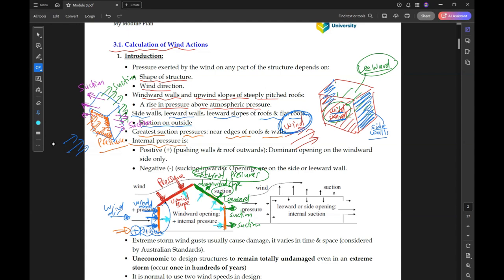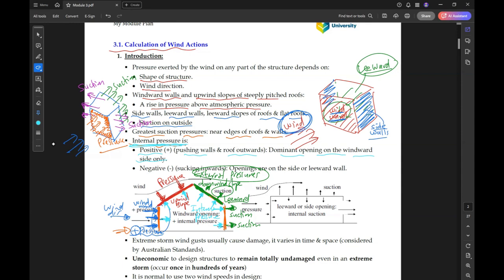So the internal pressure depends on this definition here. We have positive values, or pressure pushing the walls or roof, with a dominant opening on the windward side only.